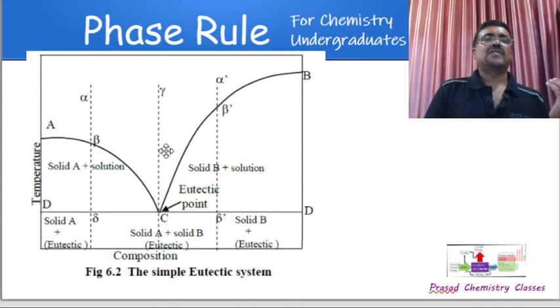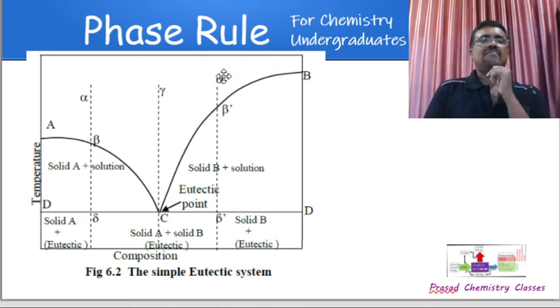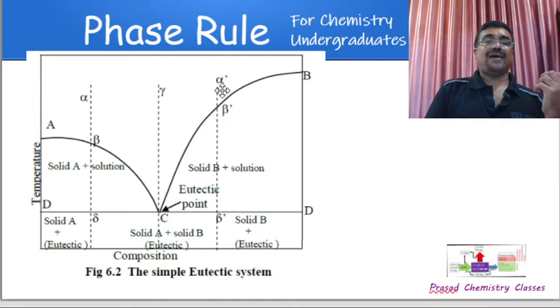Suppose we have a liquid of composition gamma, that is the eutectic mixture. You cool it up to the point C, it will remain in the liquid state, and at the point C both the solids, the eutectic mixture, will precipitate out and solidify. Now we have a liquid of composition alpha 1 at that particular temperature, and if you cool it, it will cool along alpha prime to beta prime. It will remain in the liquid phase itself.